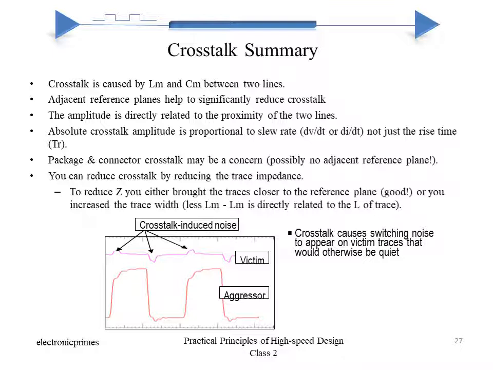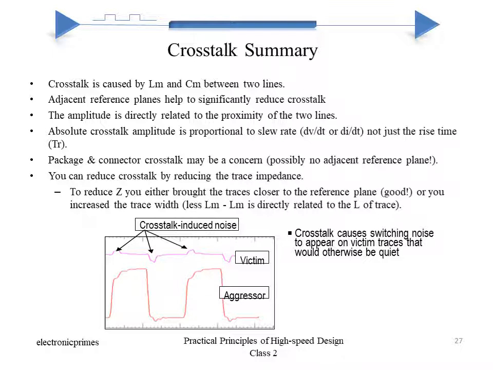Absolute crosstalk amplitude is proportional to slew rate, dV/dt or dI/dt, but not just the rise time Tr itself. Package and connector crosstalk may be a concern, possibly with no adjacent reference plane. You can reduce crosstalk by reducing the trace impedance. To reduce impedance, you either bring the traces closer to the reference plane, which is good, or you increase the trace width, with less mutual inductance directly related to the inductance of the trace.